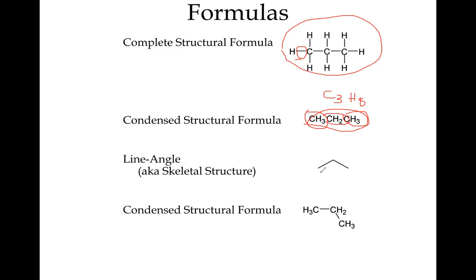The skeletal structure really abbreviates things. Essentially this is a carbon, and this is a carbon, and this is a carbon, and it hides all the hydrogens. The hydrogens are assumed. So this carbon would have a hydrogen here and a hydrogen here, and then of course there would be 3 hydrogens on this side, so that the carbons have 4 bonds, because carbons like to have 4 bonds.